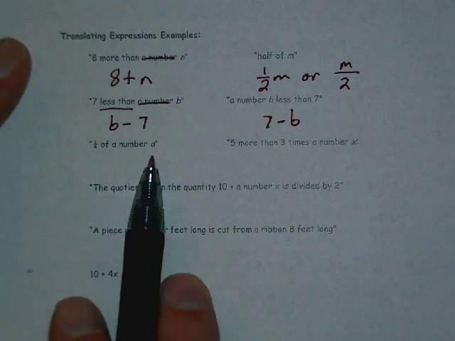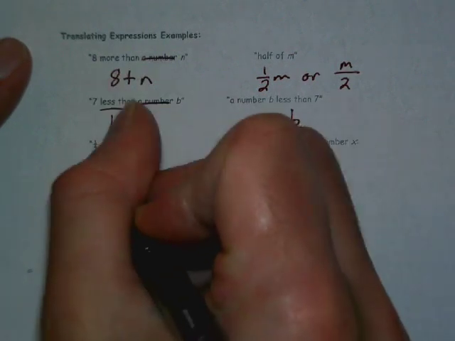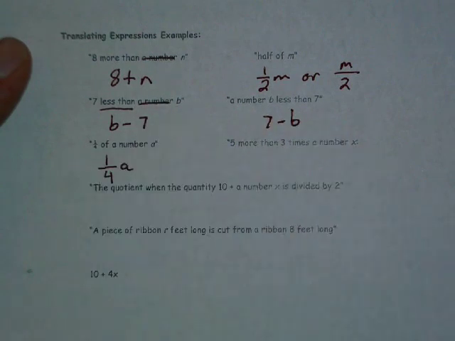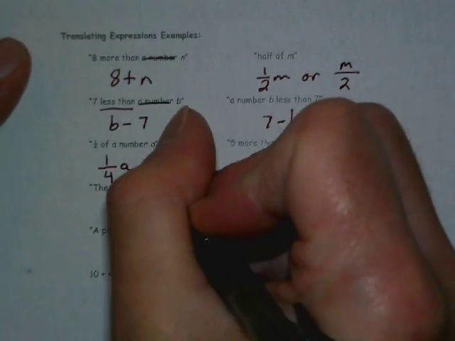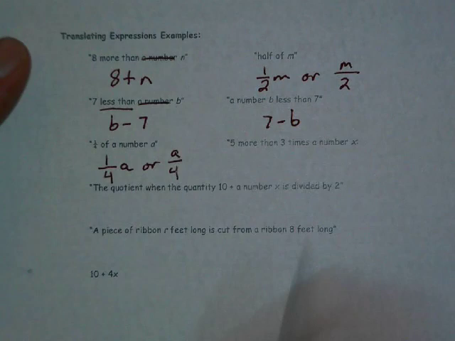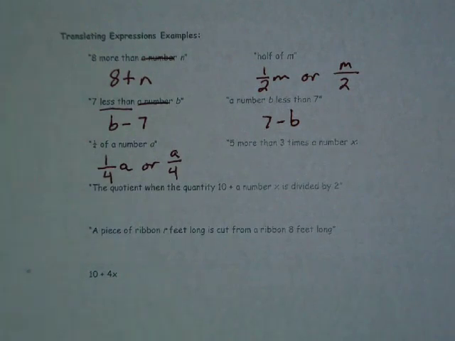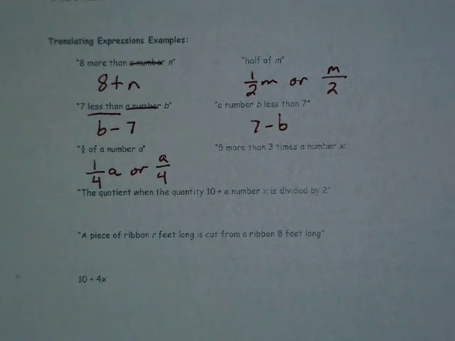Okay, next one, very similar to this one up here where it said half of m. This is 1/4 of a number a. So 1/4 times a, or you could write a divided by 4. Either one of those would work for that.